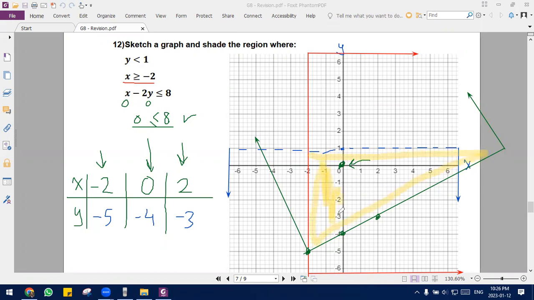So the region is here between all the lines. So this region here satisfies all the equations that we have, 3 of them. So this is how we solve it.